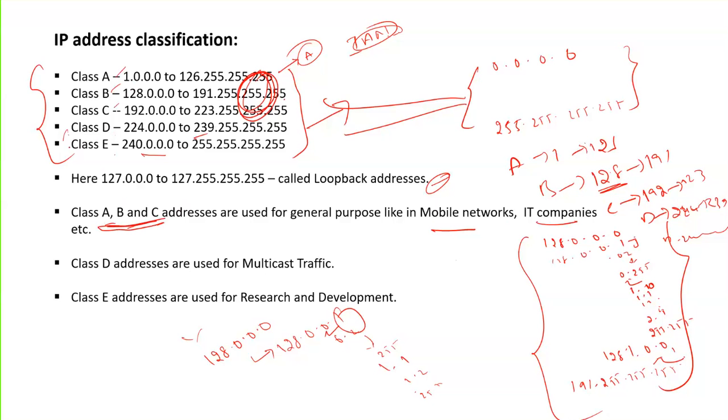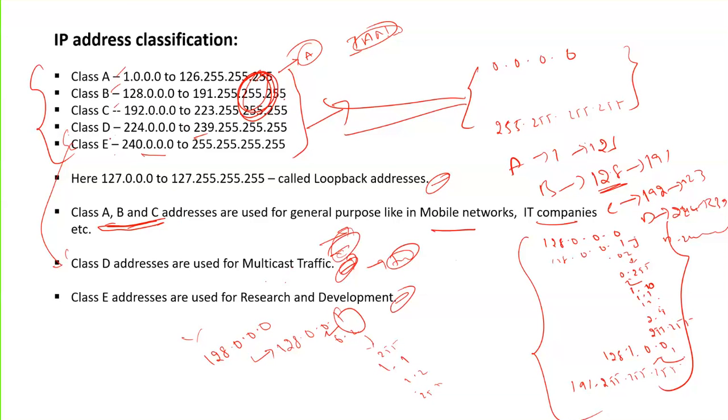And D and E are there, right? They can be used for multicast traffic and research and development. Multicast traffic means both can send and receive the information. I'll tell you what is multicast. But for now, what I want you to know is that the first three, A, B, C, are the ones we are using now.